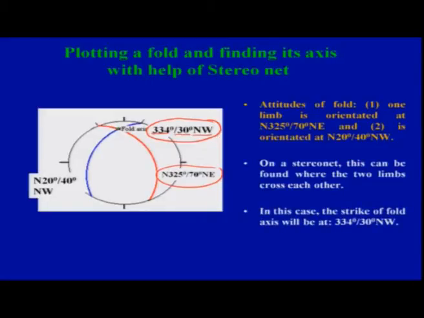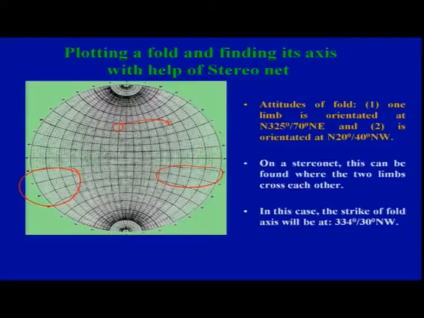In this case, the strike of the fold axis will be at 334. Sorry, what has been given here is the strike of the fold. So we are having two beds here, one is the blue line and the other is your red line. Let us see how we can plot this.